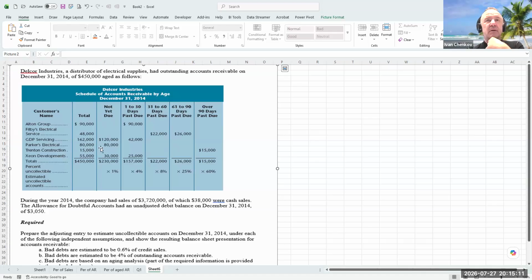During this period the company had outstanding accounts receivable of 450, as we can see: not due yet 230, 1 to 30, 57, 31 to 60, 22,000, 61 to 90, 26, and over 90, 15,000.